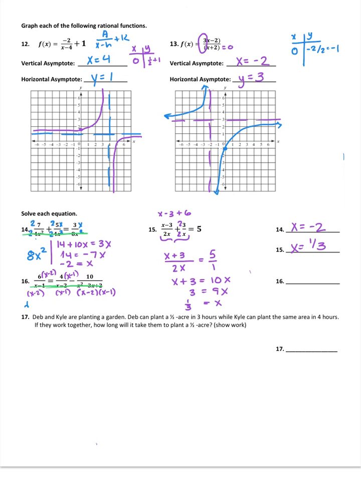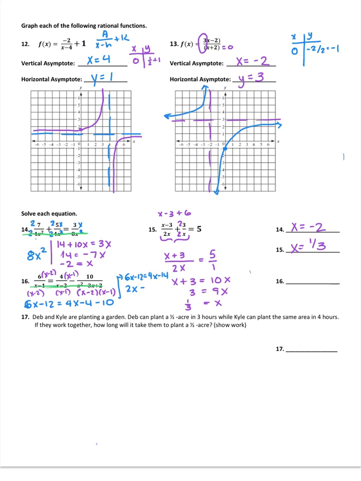So I have 6x minus 12 equals 4x minus 4 minus 10, and gather up like terms. So I have 6x minus 12 equals 4x minus 14.